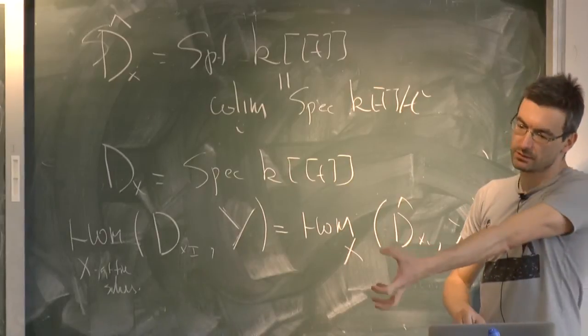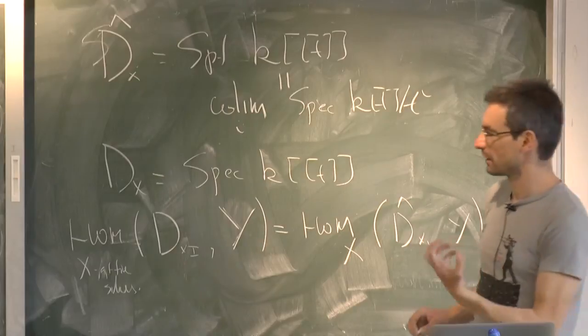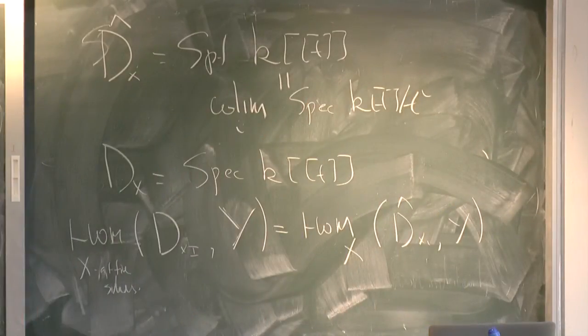And on the level of rings, you're taking the inverse limit of the corresponding rings. So that was an ind-scheme, this is a scheme.